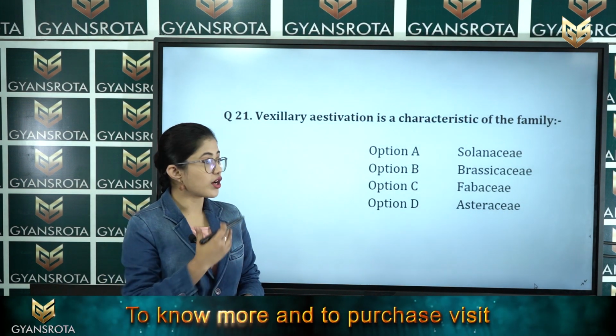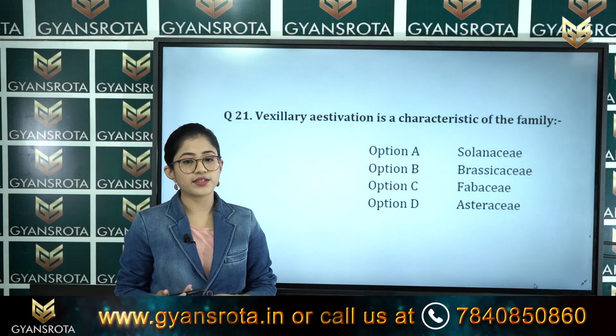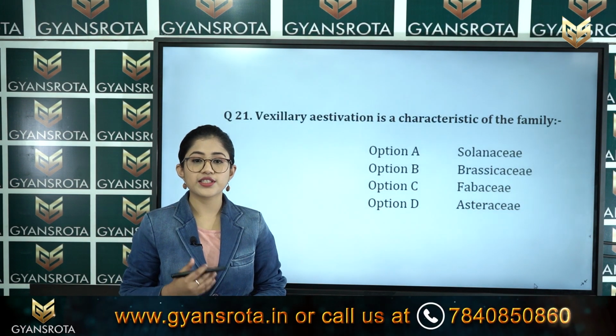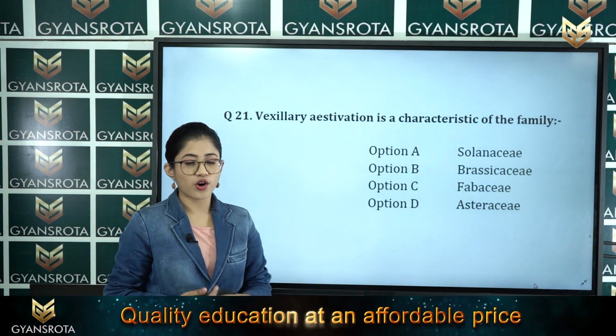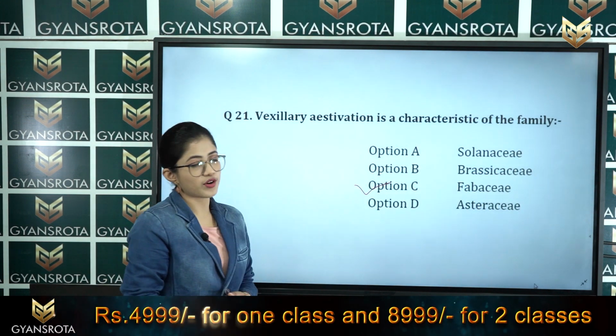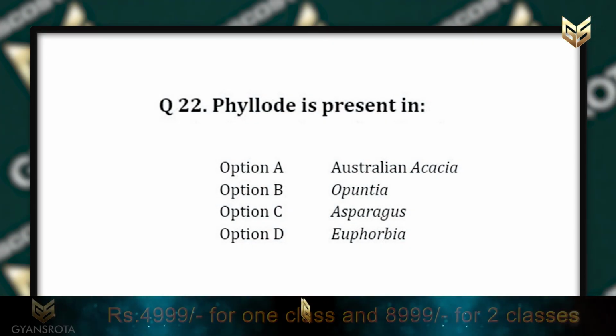There we have discussed all about these families, that is Solanaceae, Brassicaceae, Fabaceae, and Asteraceae. So, which among the following options has the characteristic of axillary aestivation? That is option number C, Fabaceae. Option number C is the correct answer for this question. Now, let us see the next question, that is question number 22.